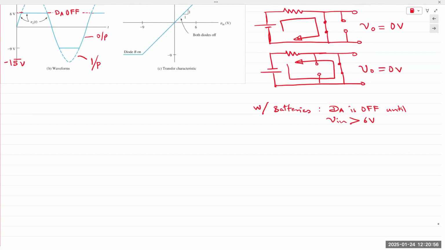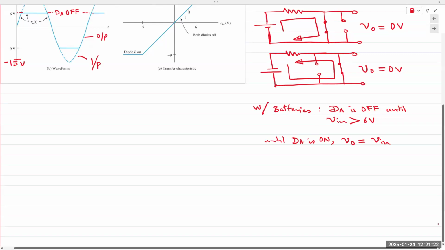So until DA is on, V out equals V in. And hence V out follows the exact same path as the sinusoidal waveform. Once DA turns on, V out is equal to 0.